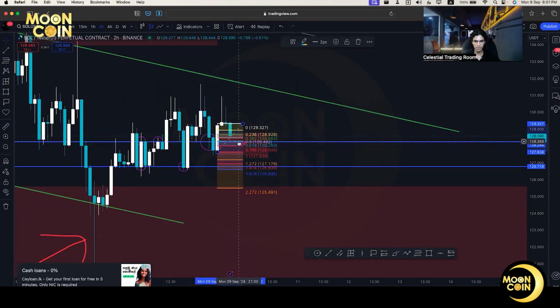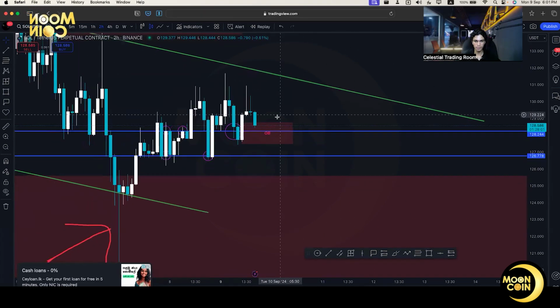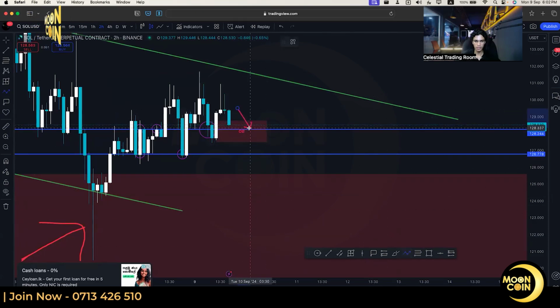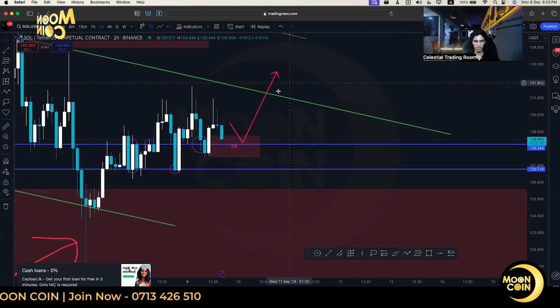We have 50% here, the price has filled there. You can see we had a rejection, right? So the price has filled in the 50%, and it could pump in coming days or today.